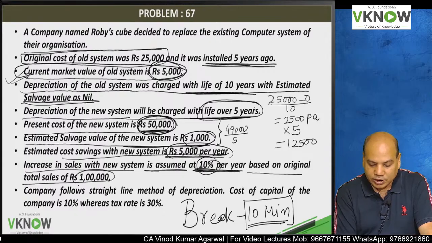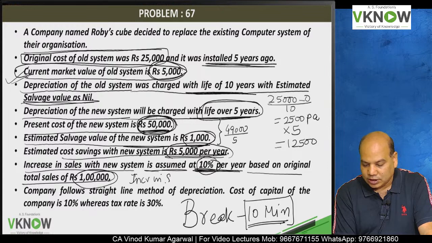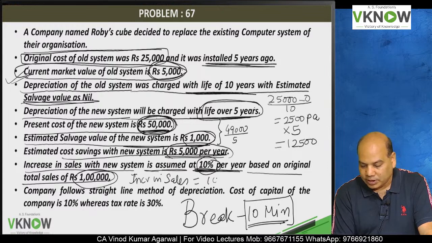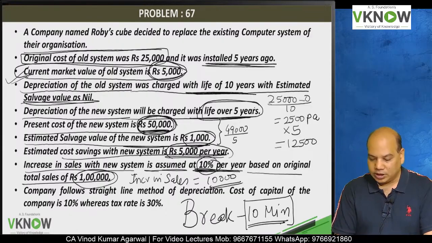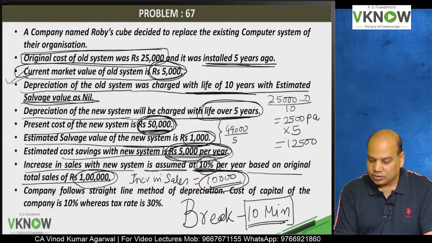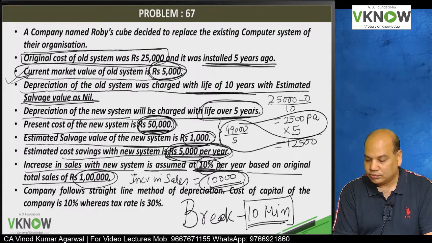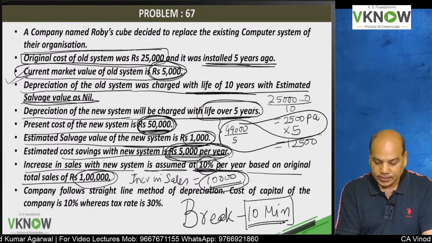Sale will increase by 10%. So increase in sales will be 10,000. Cost saving will be 15,000. You will get some additional depreciation benefit also.